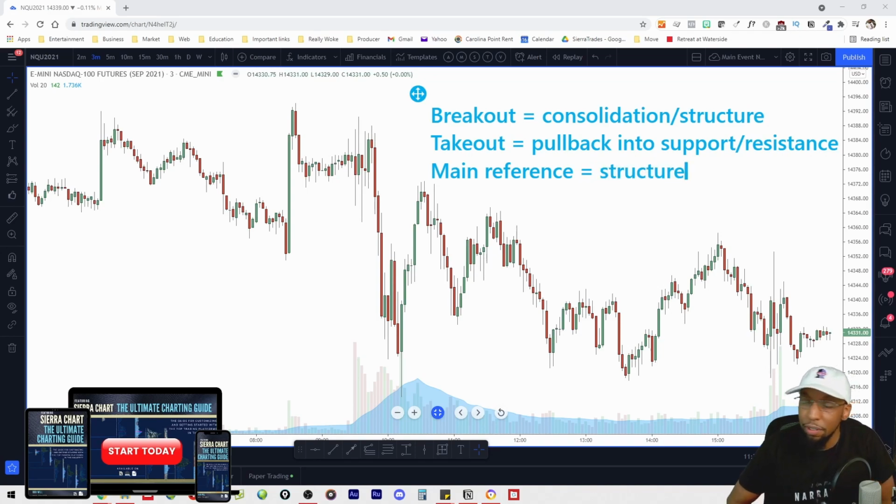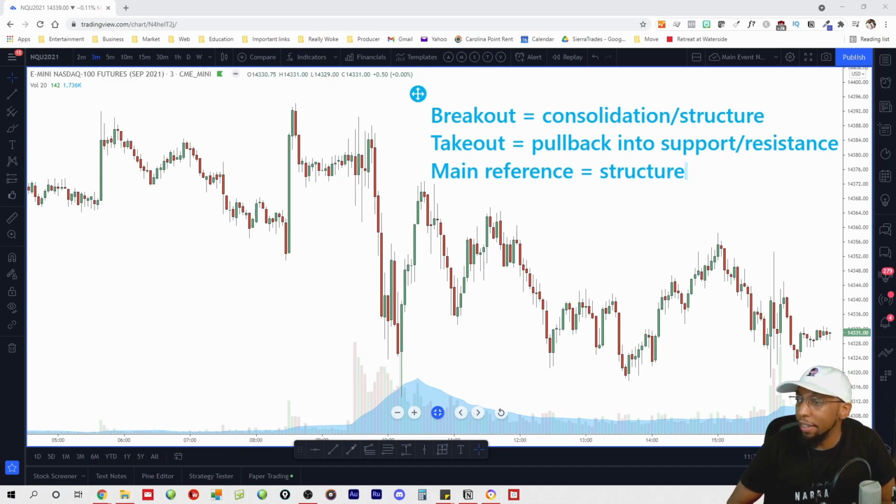The main thing that we're trying to reference here to understand if we're going to take a breakout or a takeout for our entry is we're looking at structure.